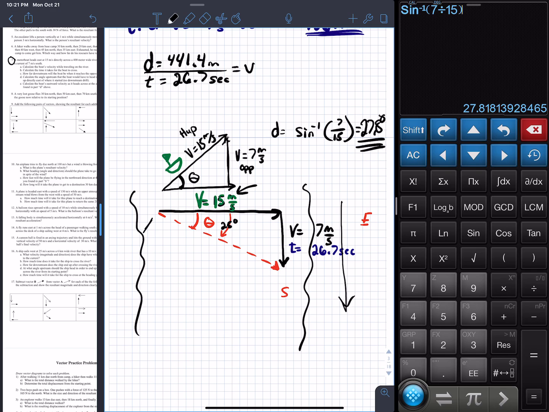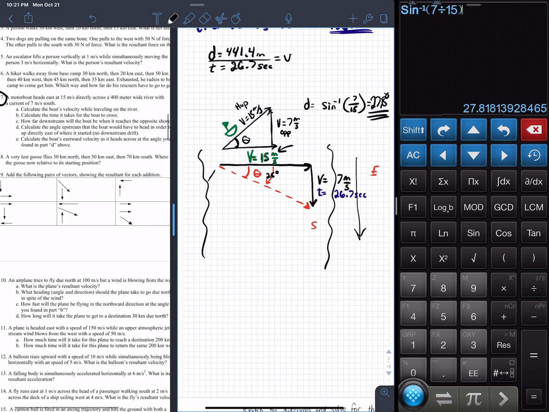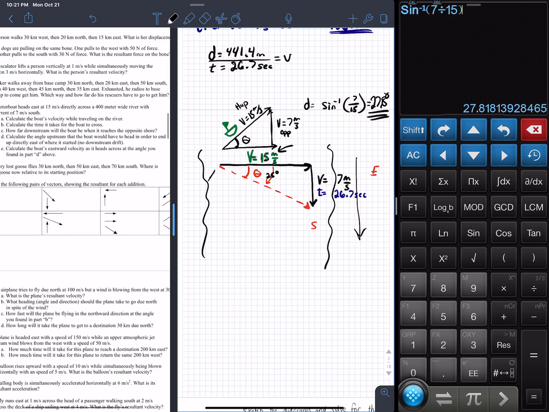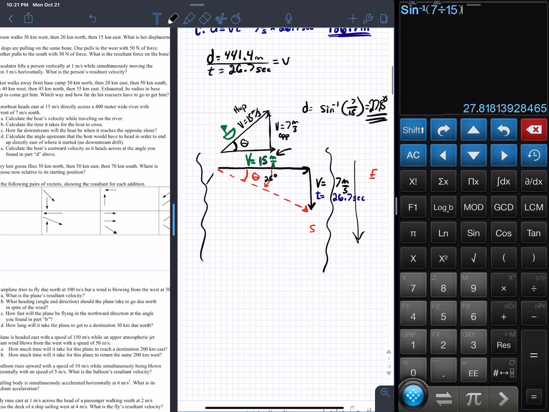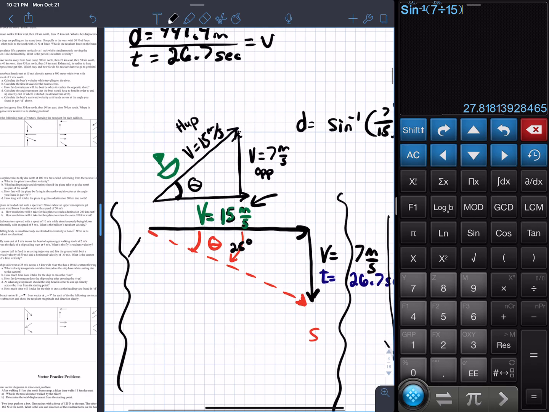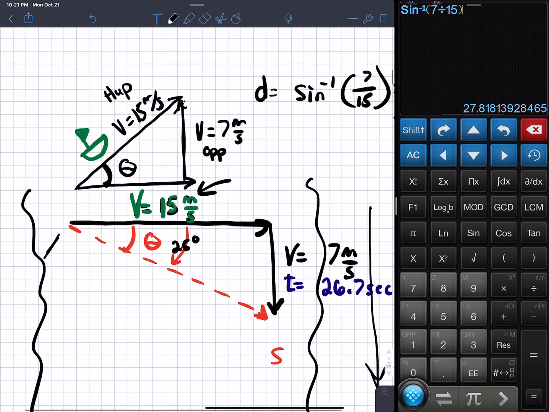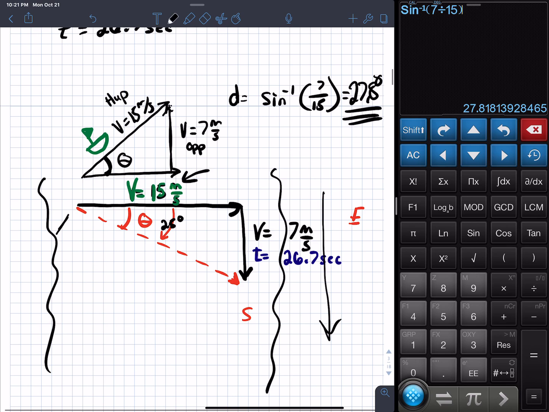Okay. Last part is, and I think I know what this is, calculate the boat's eastward velocity. The boat is going to be moving across the stream a little bit slower because part of its attempt at moving across is held back because it's fighting the current.